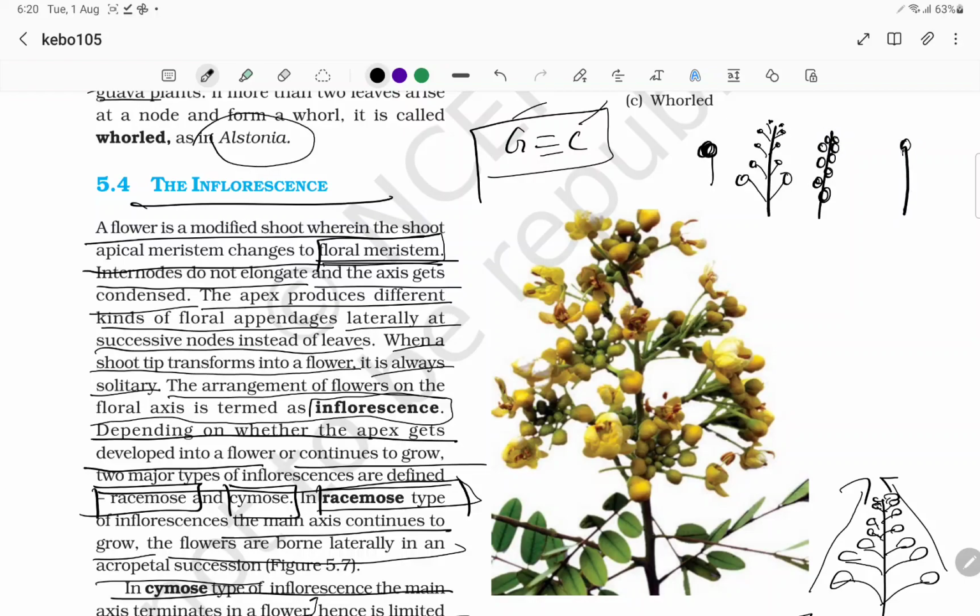If all the flowers are arranged at the same height, irrespective of old or new, this we call a corymb. If all of them arise from the peak, then we call it an umbel. And if the head is modified like this and all the flowers are seen, then we call it a capitulum.